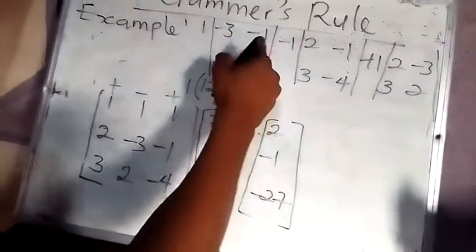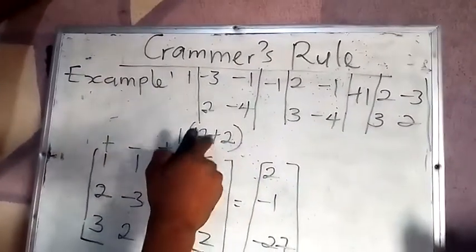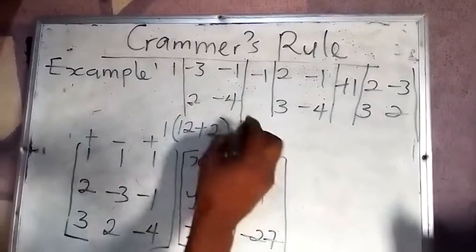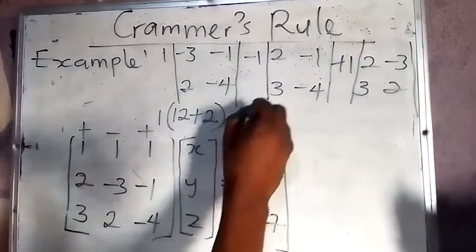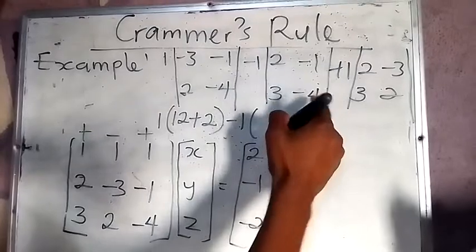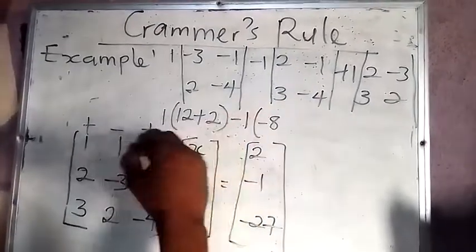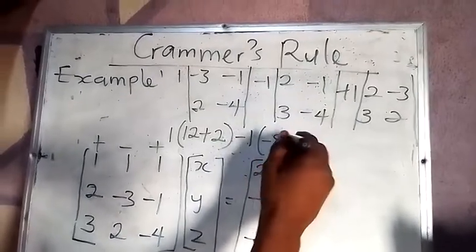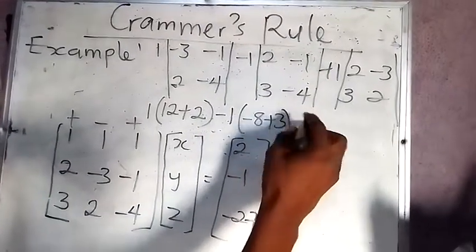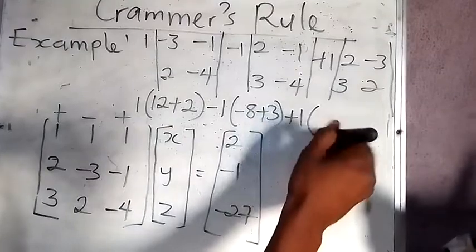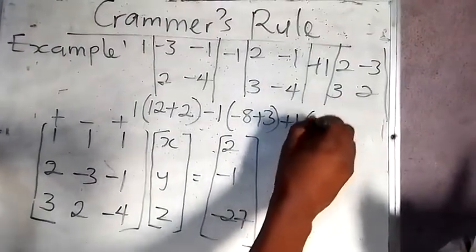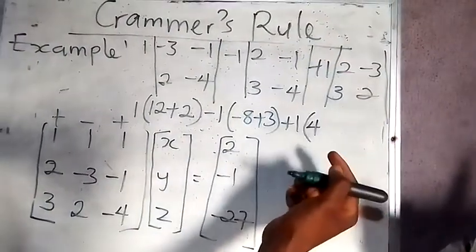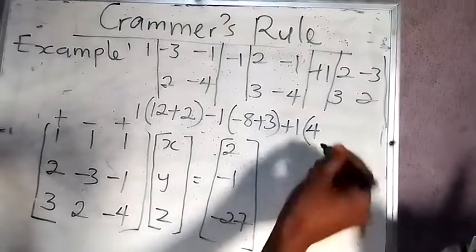Minus 1 into bracket, 2 times minus 4, minus 8. 3 times minus 1, minus 3, plus the minus that I said before, that is plus 3. Plus 1 into bracket, 2 times 2, 4. 3 times minus 3, minus 9, plus the minus that is going to be there, that is plus 9.